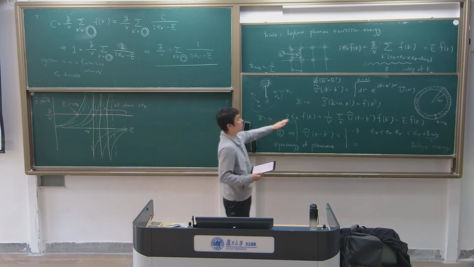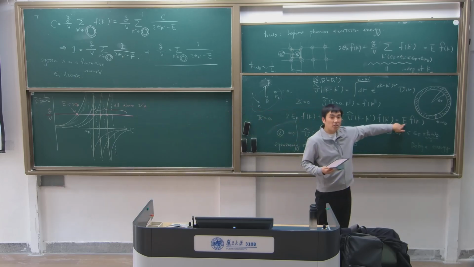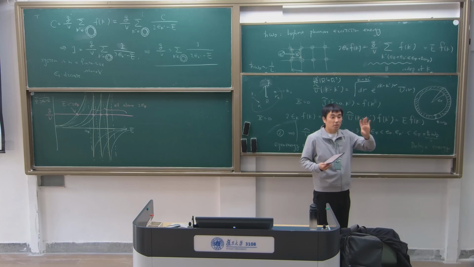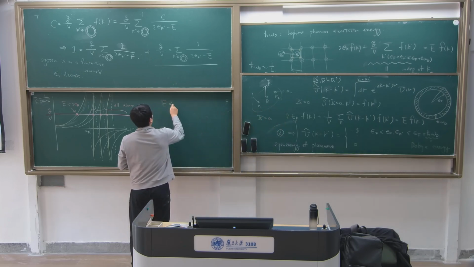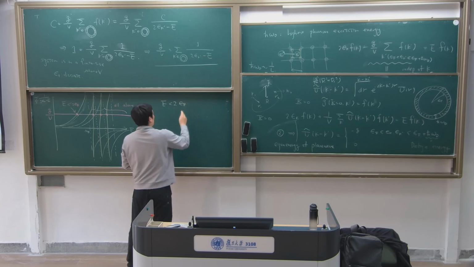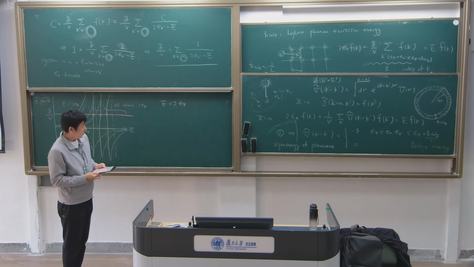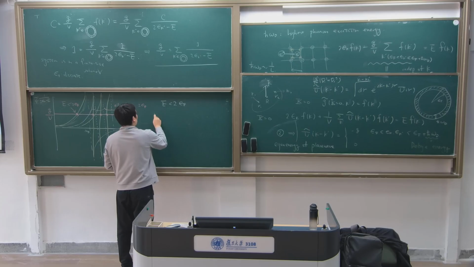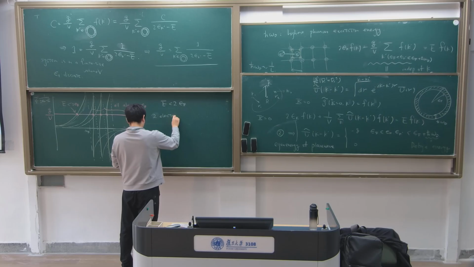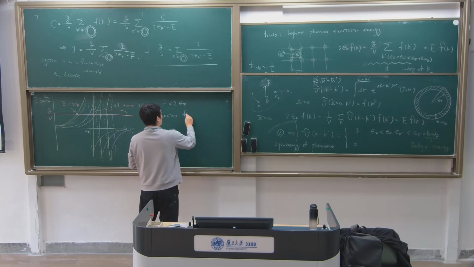If you solve this Schrödinger equation, it is the total energy for these 2 electrons. So this means that if E is less than 2 times the Fermi energy, the distance is the bound state of 2 electrons.